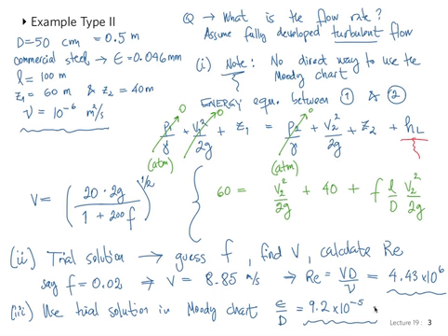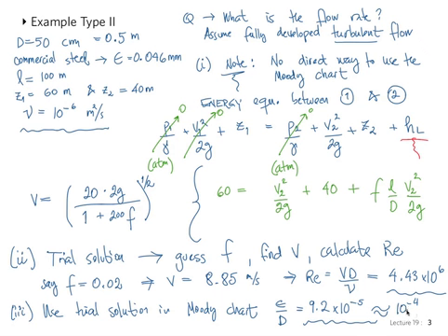So it's approximately 10 to the minus 4, and then you can go in the Moody chart, right? Got that? So now we have Reynolds 4 times 10 to the 6, relative roughness 10 to the minus 4, and you can go on the Moody chart.